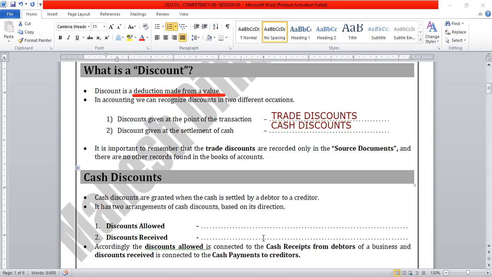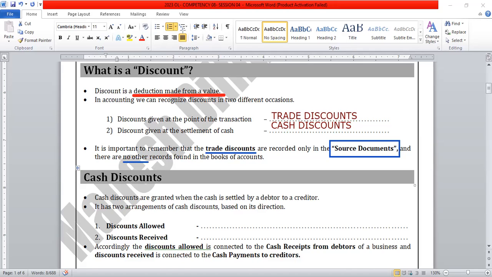Now look at the next point. It is important to note that trade discounts are recorded only in the source documents, and there are no other records found in the books of accounts.